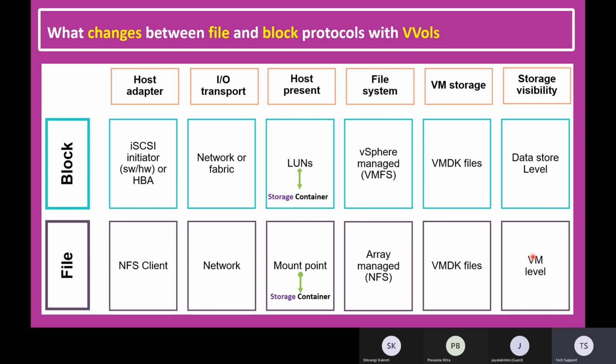At the host level, the naming convention changes to storage container, and even in NFS file storage the naming convention is storage container. The file system name is vSphere native. vSphere native means virtual volume is the vSphere default native storage type. The type is vVol.